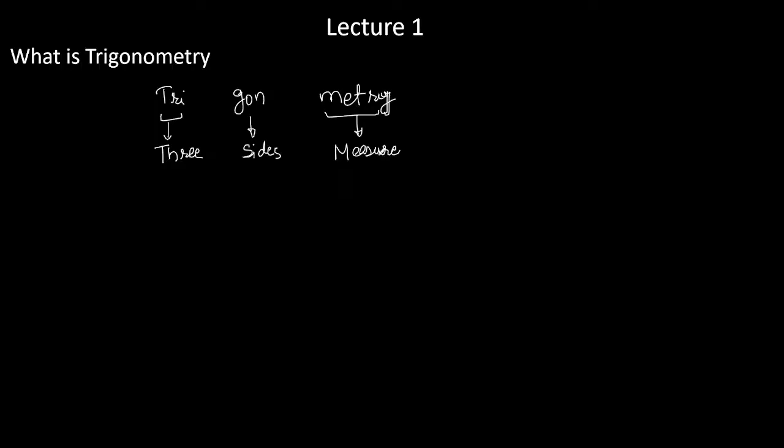So three sides measure. That means we can think of something like a triangle, which has three sides, and every story is going to be all around the triangle. Okay, triangle. So this is trigonometry.